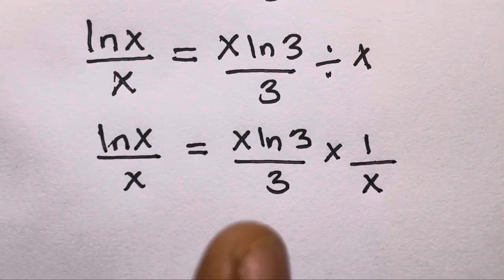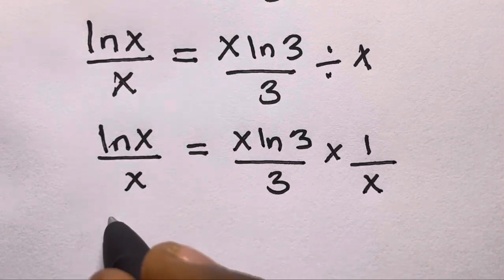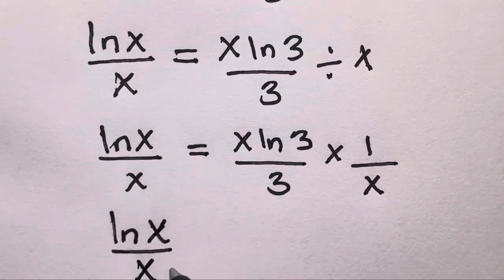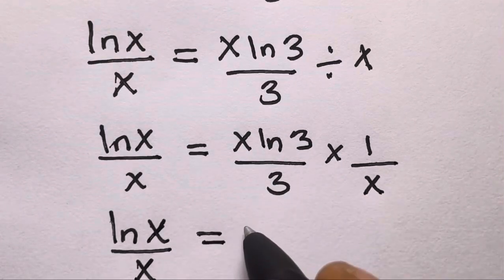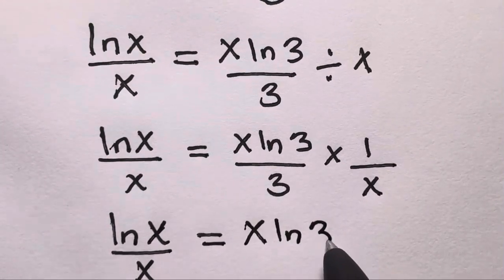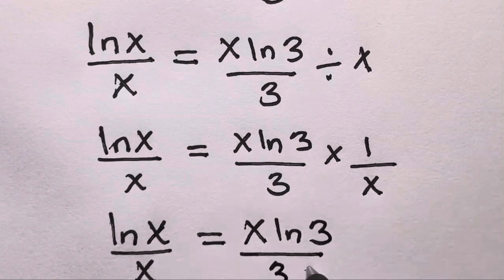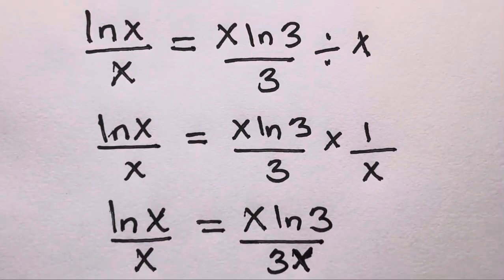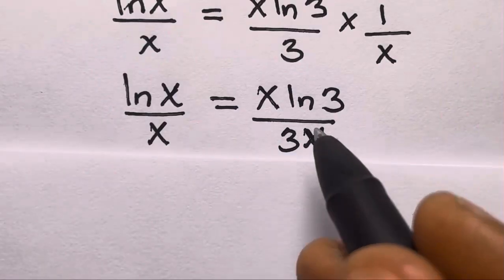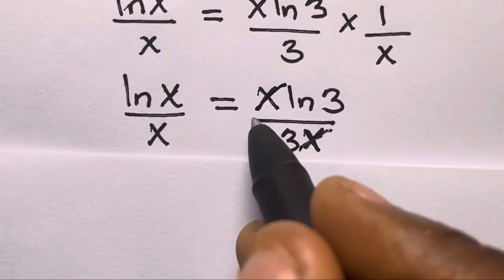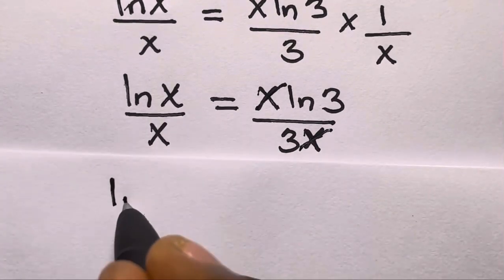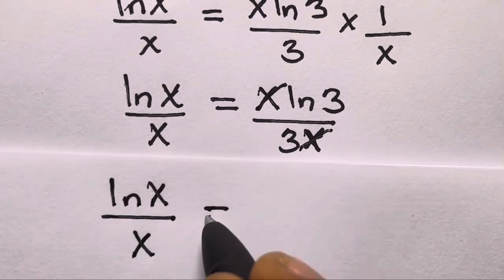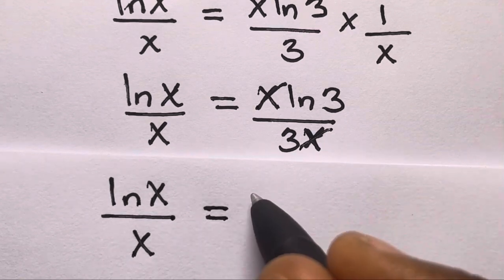So we have ln x divided by x equals x ln 3 divided by 3x. Looking at this, the x cancels out, so we have ln x divided by x equals ln 3 divided by 3.